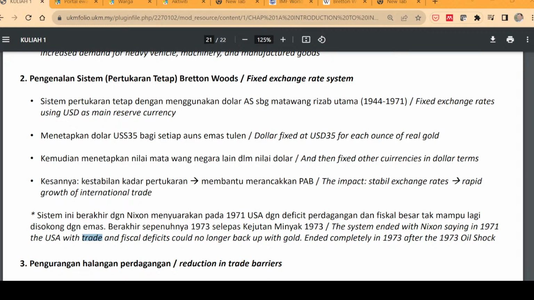1971. And this system with the US dollar as the reserve currency, backed up by gold, could no longer be sustained. It ended completely in 1973 with another happening at that time, the oil shock.